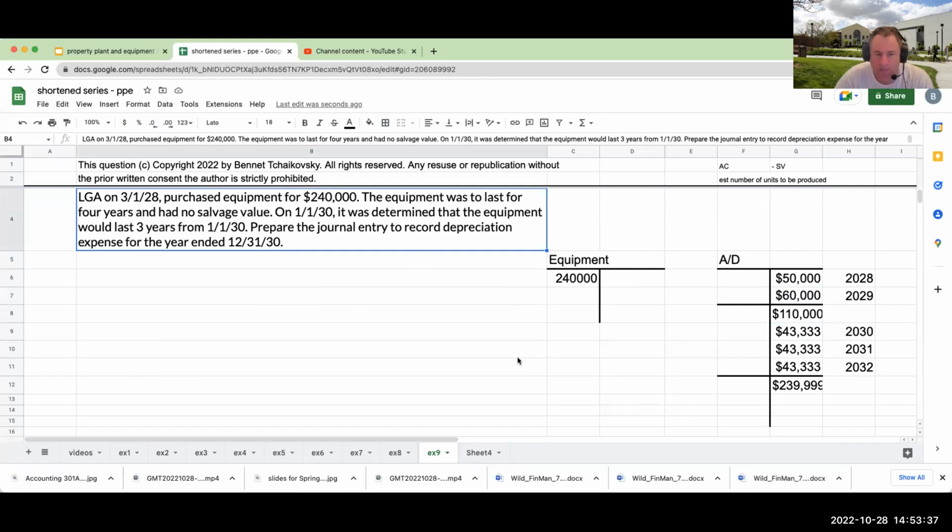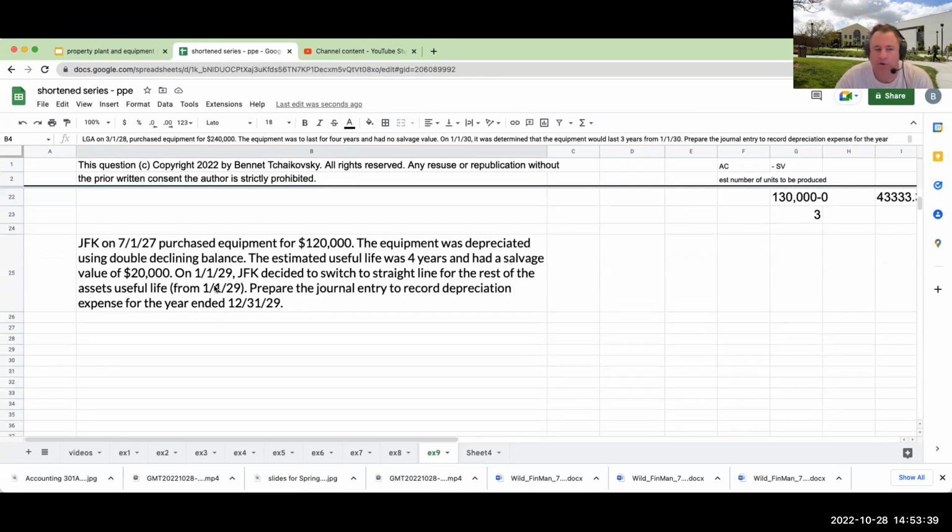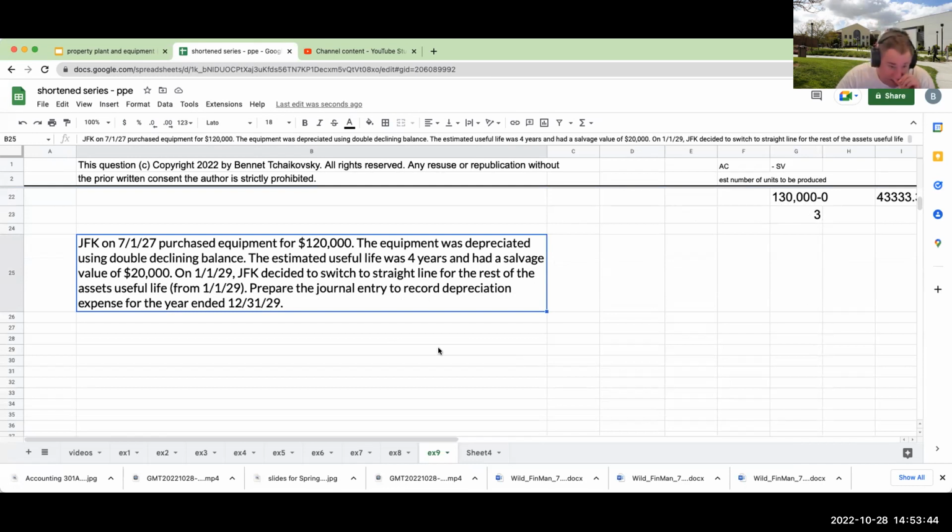Okay, so over here, JFK on July 1st, 2027, purchased equipment for 120,000. The equipment was depreciated using double declining balance. The estimated useful life was 4 years and had a salvage value of 20,000. On 1/1/29, JFK decided to switch to straight line for the rest of the asset's useful life.